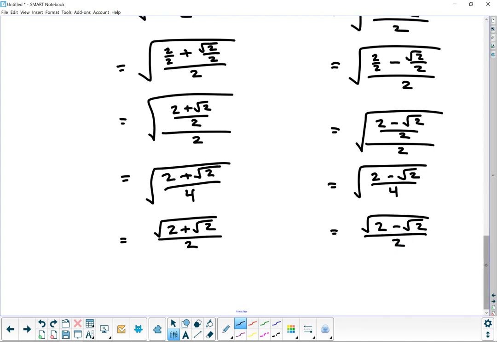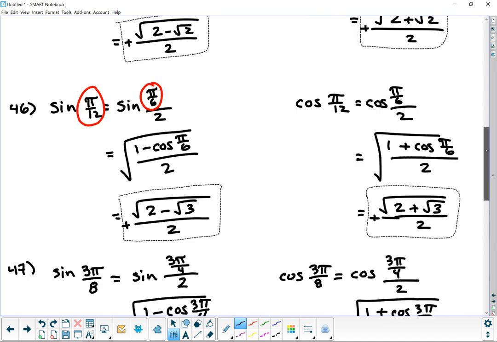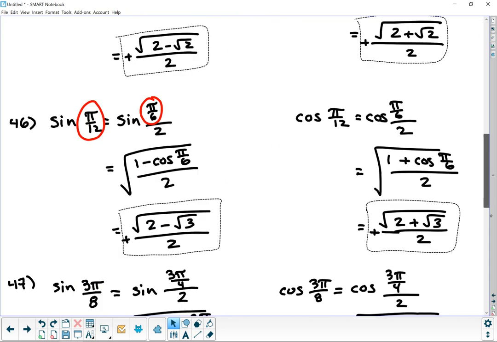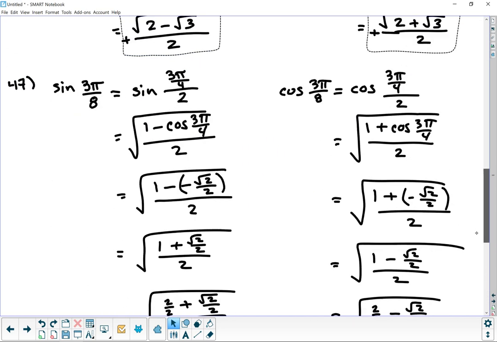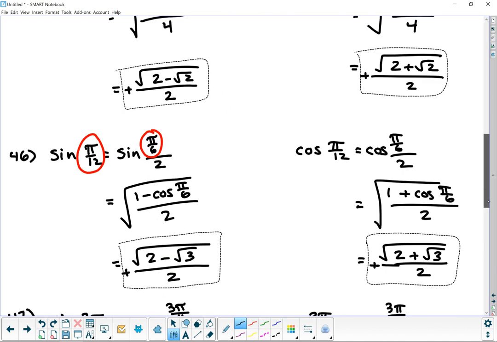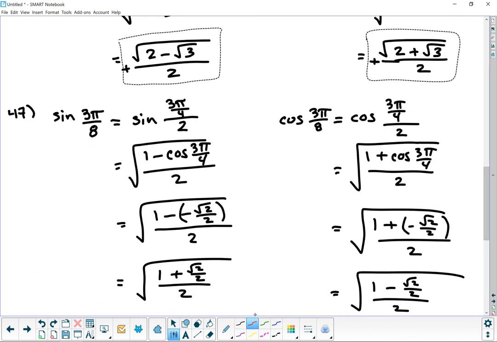Right, now again, the answers look pretty similar to any other, but what matters is the sign, right? So this is how you would go about it. First off, I don't know where 3 pi over 8 is, but I do know where 3 pi over 4 is, and 3 pi over 8 is just half of that.